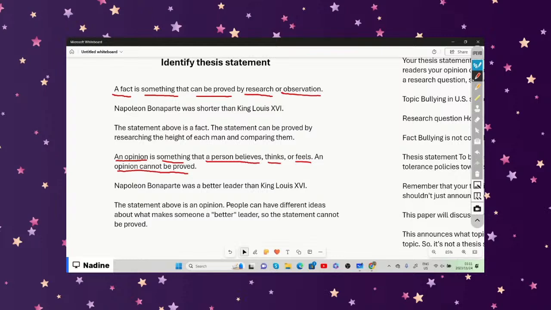We're also going to give an opinion based on what we believe and what you think. That is how you are going to describe or opine. And an opinion cannot be proven, unfortunately.